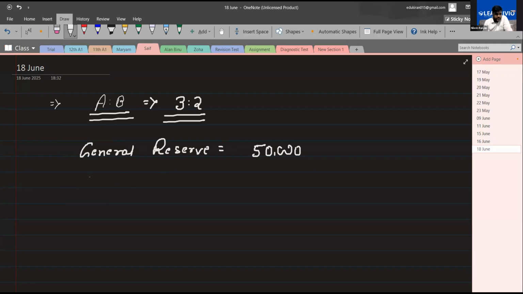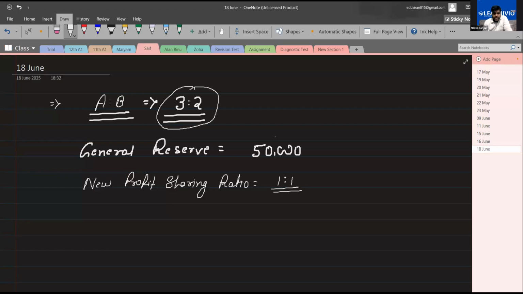Now, after some time, they have decided that their new profit sharing ratio will be 1:1, means equal. So the old profit sharing ratio is 3:2, general reserve is 50,000 and the new profit sharing ratio is 1:1.